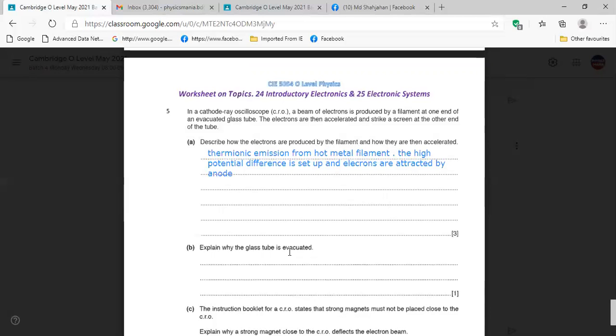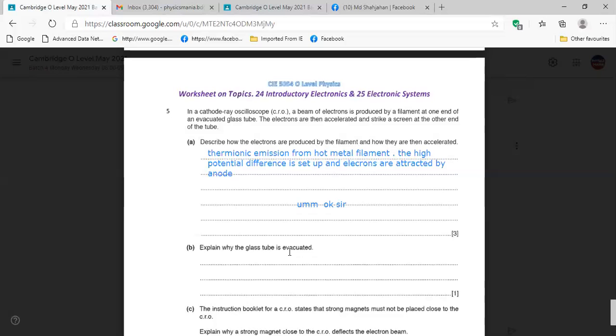Okay, you write, Karim, better to write high positive potential. Other than writing potential difference, if you are writing positive potential, that is more appropriate, because electrons are attracted there. The answer is also given in the group. You can check it there.